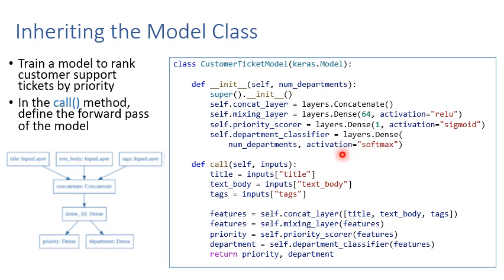And then when we call the model, Keras will call this function. So we need to override the call method. That's the most important. The input will be passed to the call method.